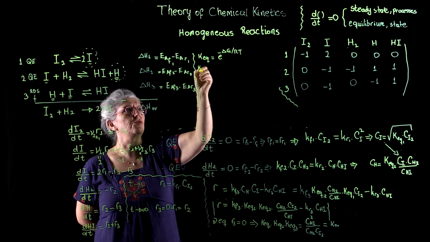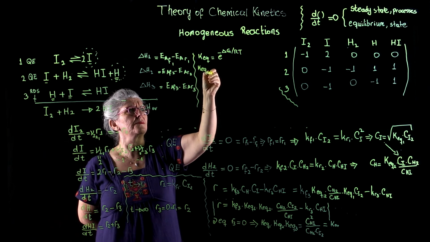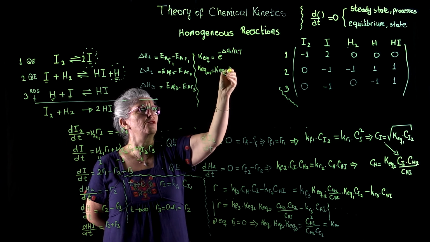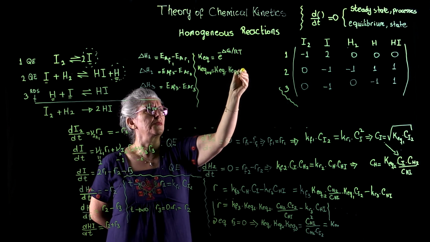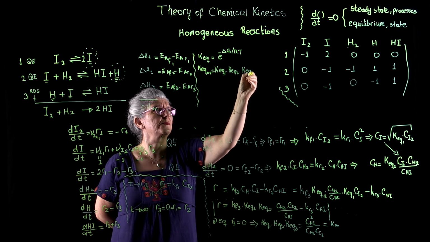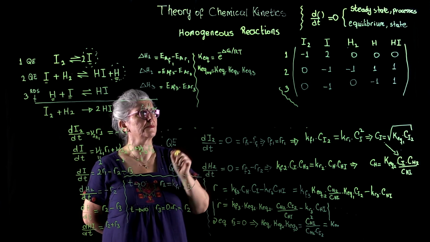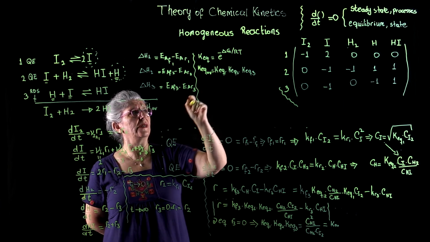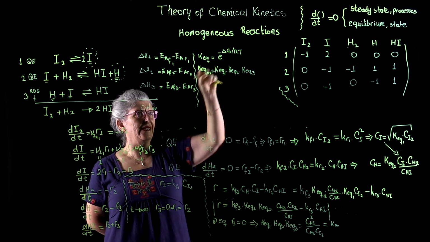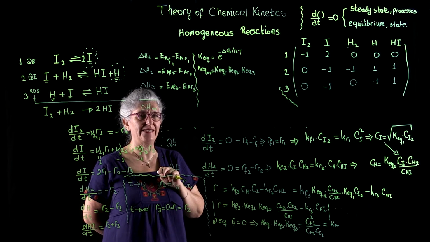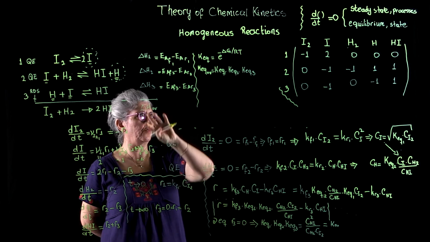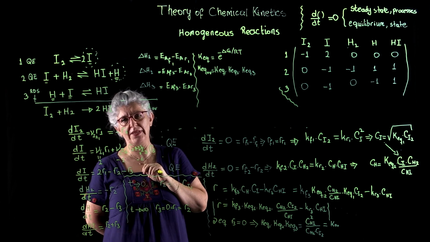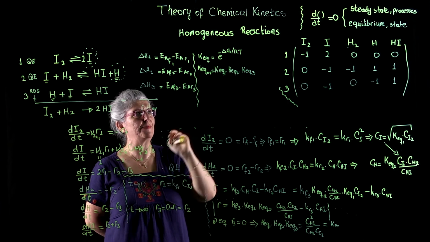So K equilibrium overall is equal to K equilibrium 1, K equilibrium 2, and K equilibrium 3. They are all going to be raised to the exponentials. If I take the natural logarithm of both the right side and the left side of the equation, I should be getting a summation.